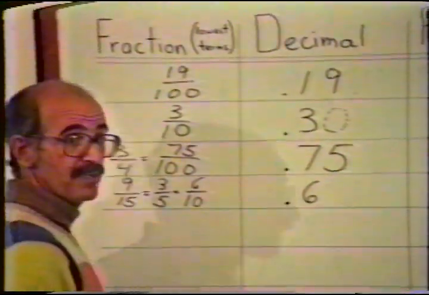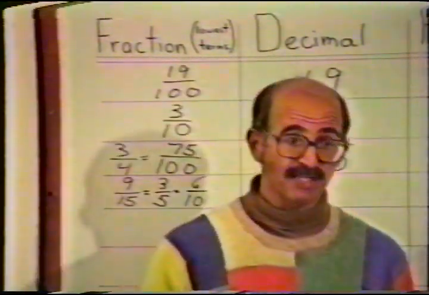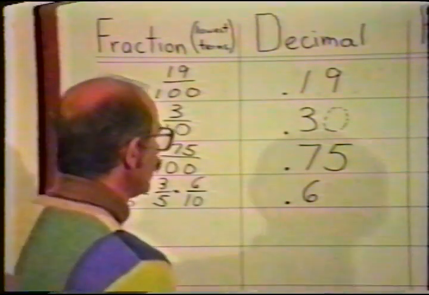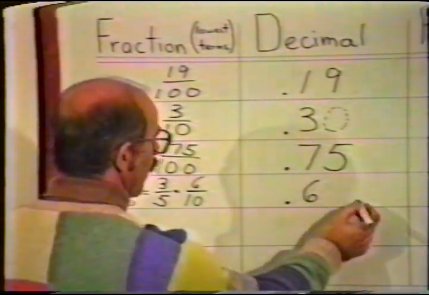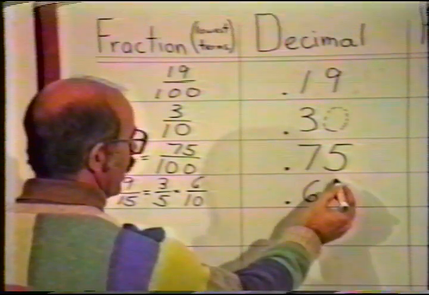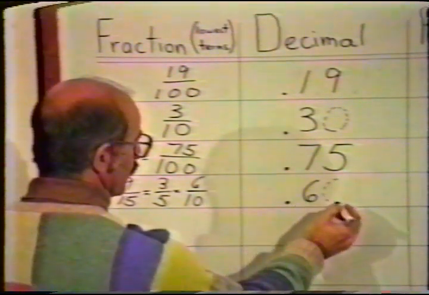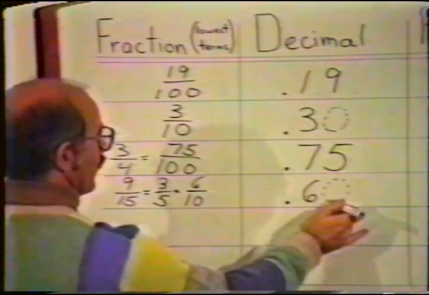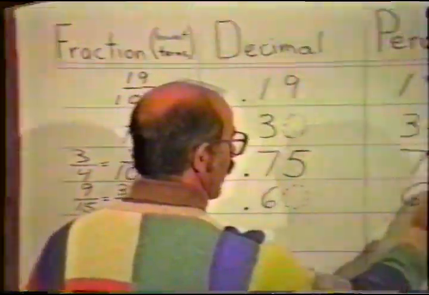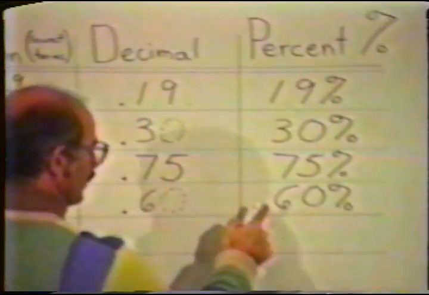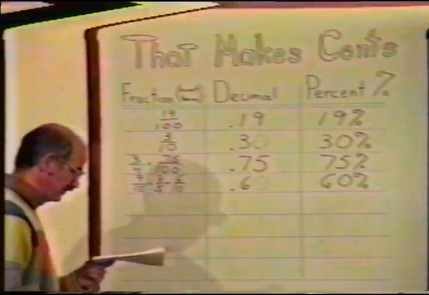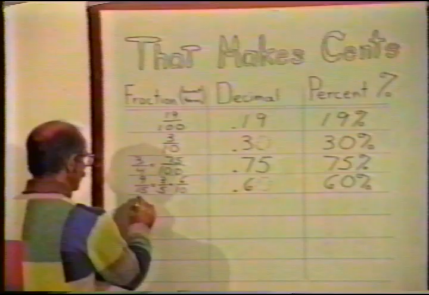To make it into a percent, I want to move the decimal point 2 places to the right. 1 place and another place. I have to fill this place with a 0. Then I have 60, and with a percent sign, this is read 60%.